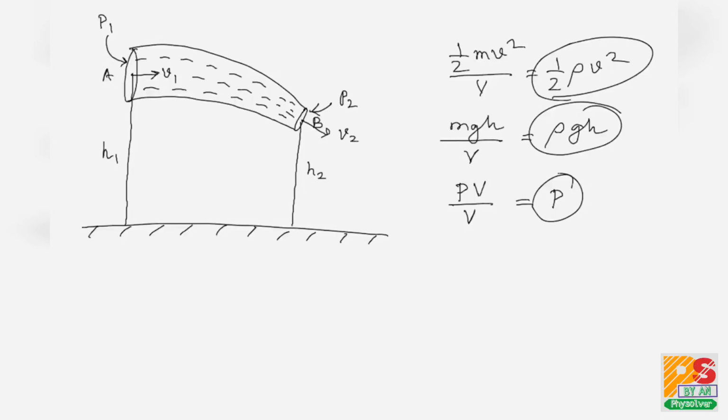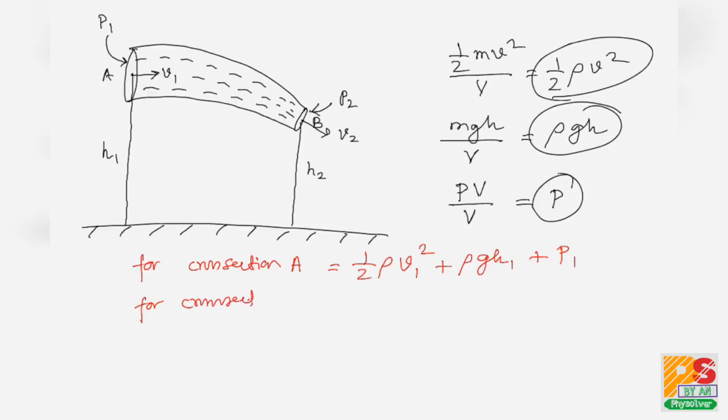Therefore, for cross section A, the total energy is given by half rho v1 square plus rho gh1 plus p1, and for cross section B of the flow tube, the total energy similarly is half rho v2 square plus rho gh2 plus p2.